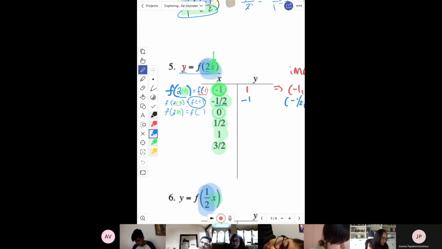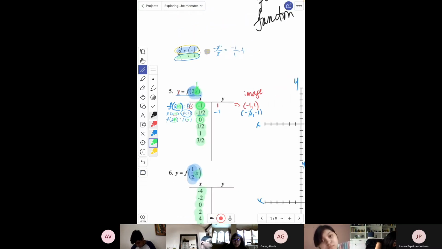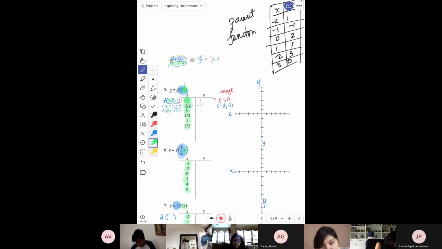If I'm taking this x value and substituting it in here, I'm evaluating the function at 2 times 0. What is 2 times 0? 0. So now I come back to my parent and ask, what was the output when the input was 0? 2. Exactly. Let's keep going.